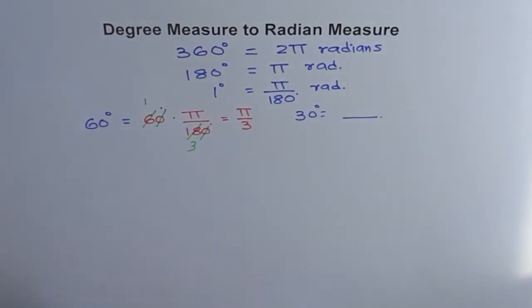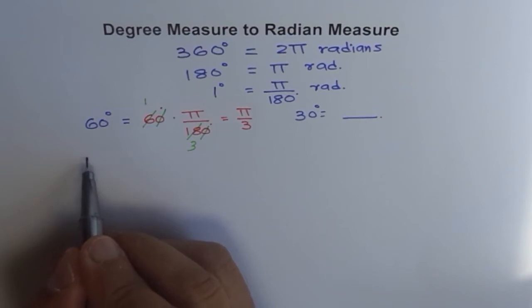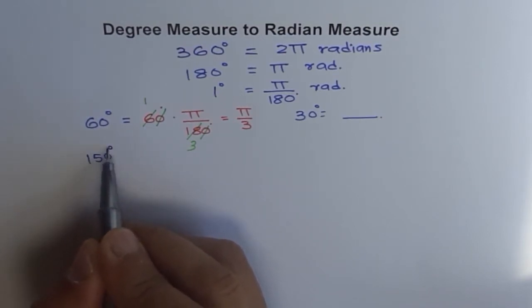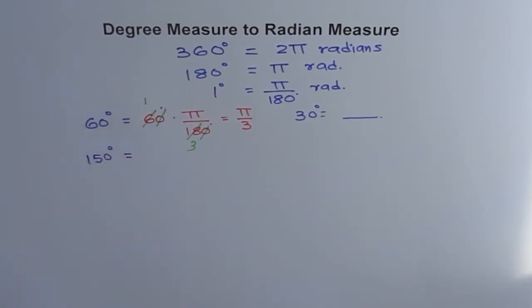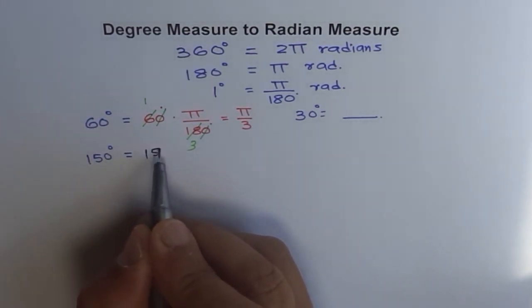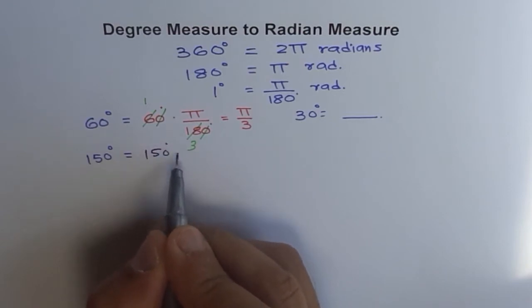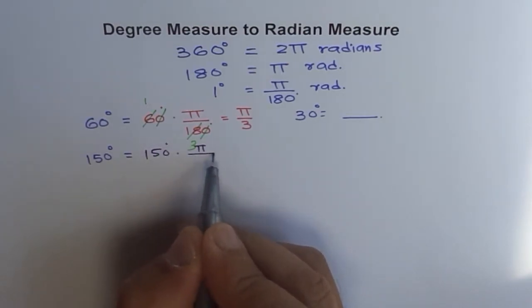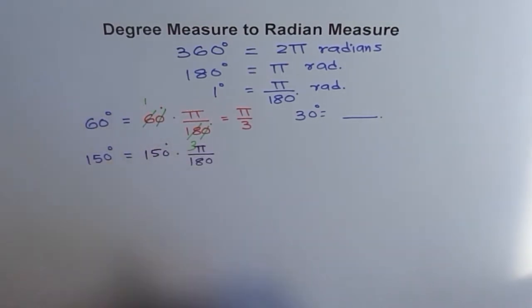Okay, now let's try 150 degrees equals how many radians? So what will you do? Same procedure. This time let's do 150 times pi divided by 180. So we have 150 degrees times pi over 180. Correct.